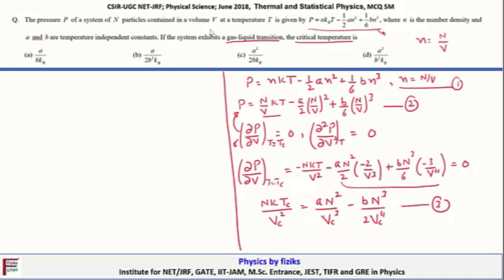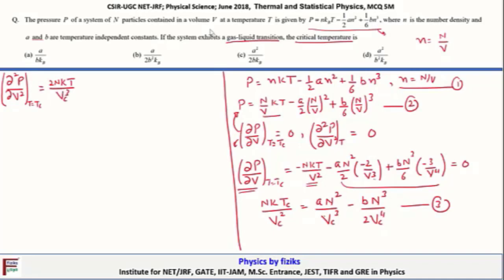Now we are going to determine the second derivative by making use of this expression, differentiating with respect to V. The second derivative d2P/dV2 at T equal to Tc: from dP/dV, minus NkT outside and the differential of 1/V squared gives minus 2/V cubed, so minus and minus become plus. So the result is 2NkT upon Vc cubed.